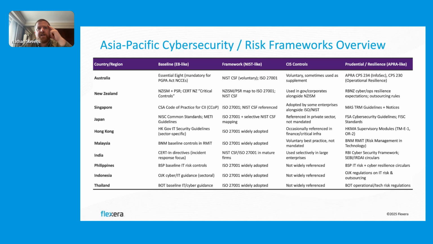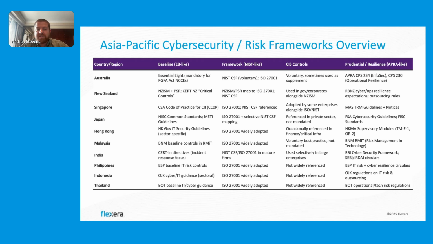Oftentimes across Asia, ISO 27001 is adopted more than NIST. In terms of the others, the Essential 8 and APRA, there are different regulations in those different countries. This is by no means a definitive list, so there would be things called out separately. This was just a quick overview and research into what those standards look like in other countries.